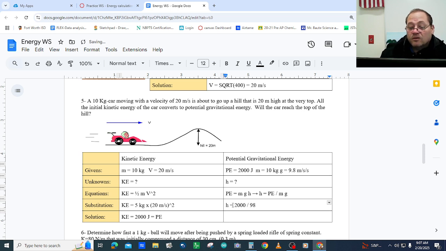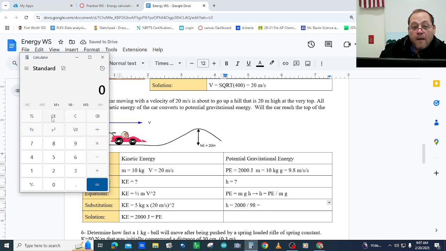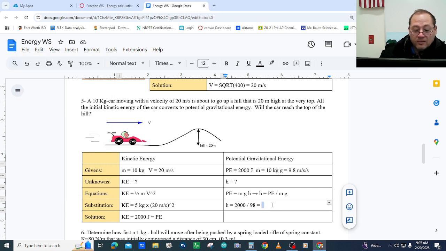So it's 2,000 divided by 98, and what we get is, rounded, 20.41.